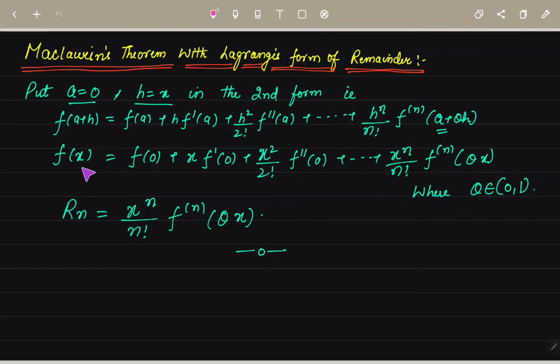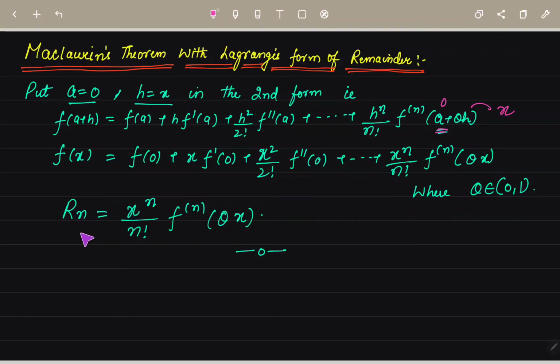We get f of x is equal to, now instead of a I am putting 0, and instead of a plus h I am putting x, because we know that b is equal to a plus h here. So now I get the expression f of 0 plus x into f dash 0 plus x square by 2 factorial into f double dash at 0 plus so on up to x raised to the power n divided by n factorial into the nth derivative at theta x. Because instead of a I am putting 0 and instead of h I am putting x.